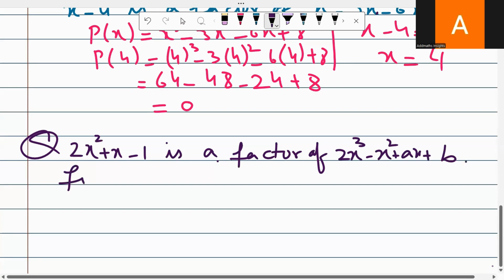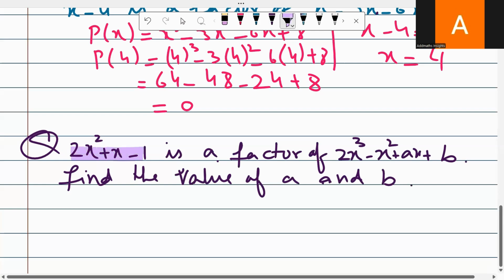Find the value of a and b. Now we highlight keywords. This whole expression 2x square plus x minus 1 is a factor, means it's a divisor of this cubic expression.